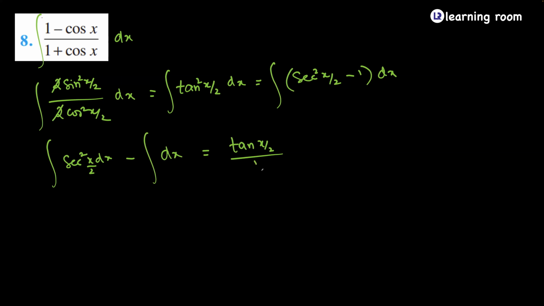So tan x by 2 divided by half, minus x plus c. So 2 will go to the numerator. So what will be the answer? 2 tan x by 2 minus x plus c. Right? Is it matching?